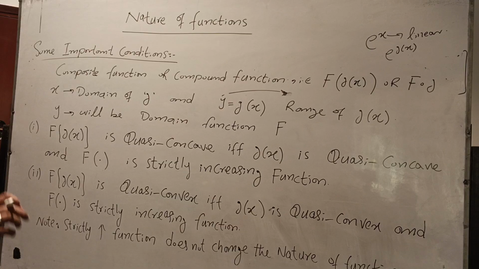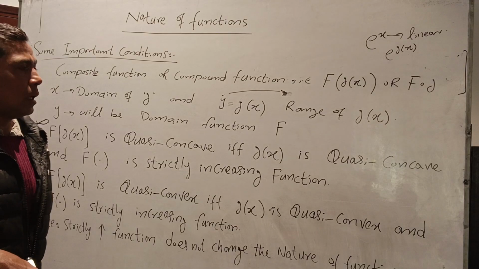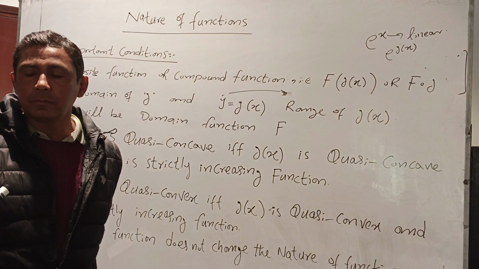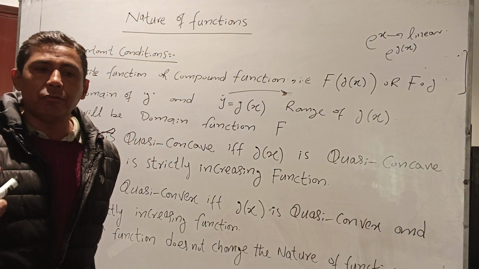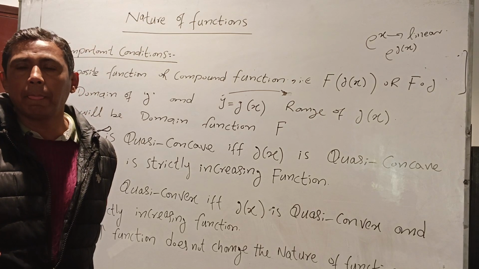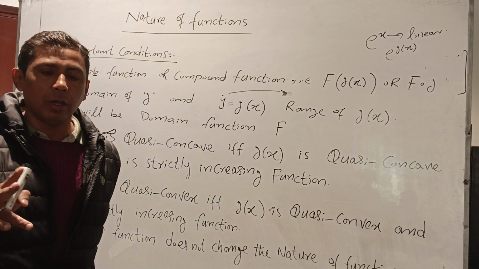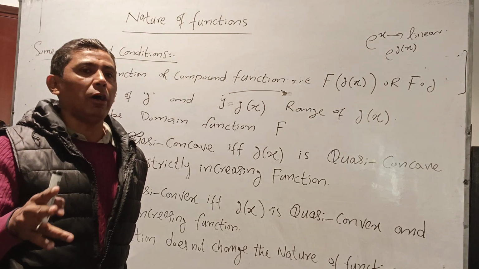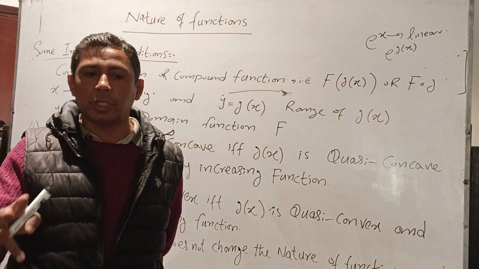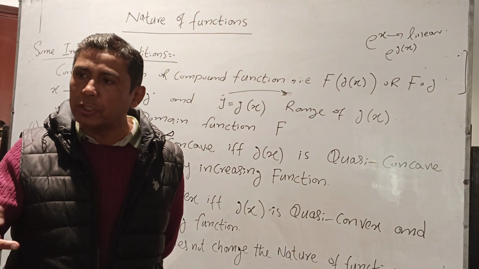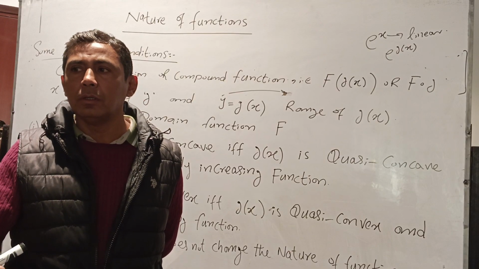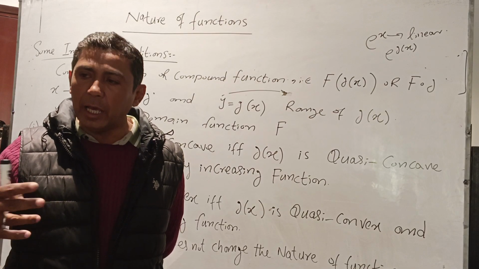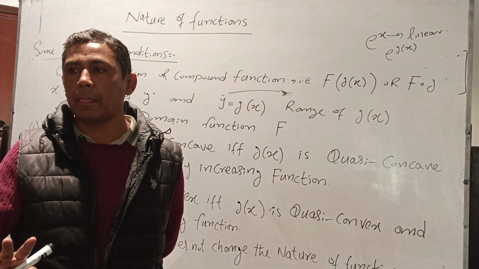So it means there are two choices we have in terms of composite function for economics: either we take the log of the function, ln of the function, or we take the exponential of the function.